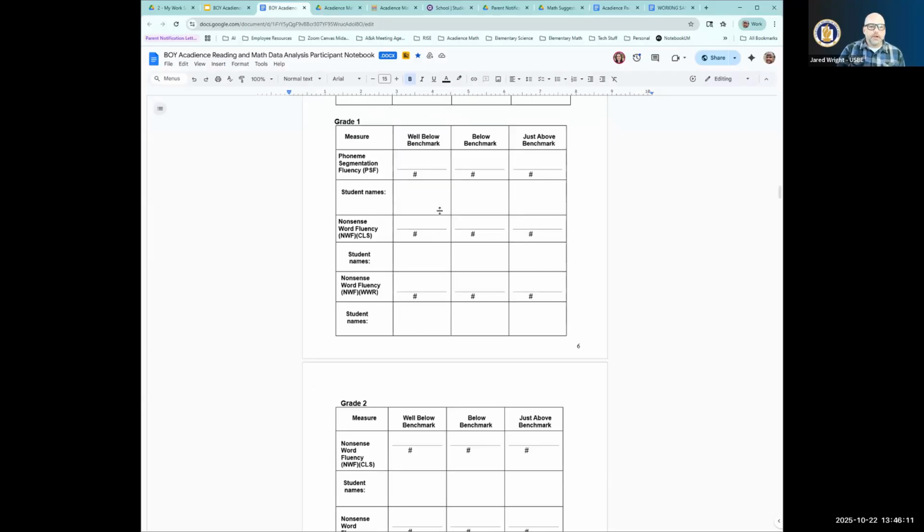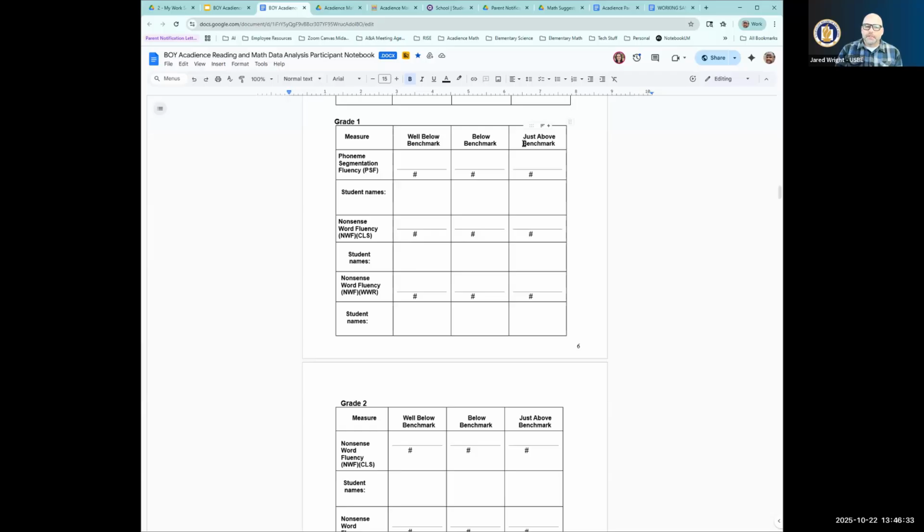This is going to be similar where you put the number of students and the percentage of students out of that. So out of this grade 1 class, how many students are there, and then how many students are well below, how many students are below, and then how many students are really close to that benchmark.